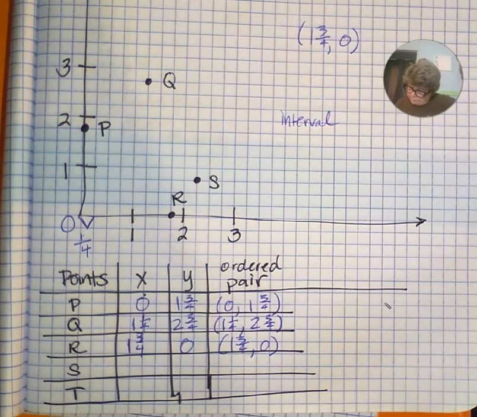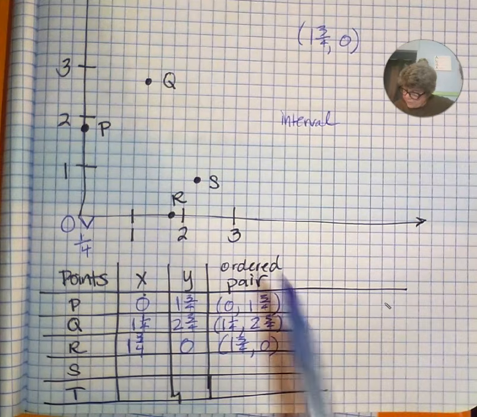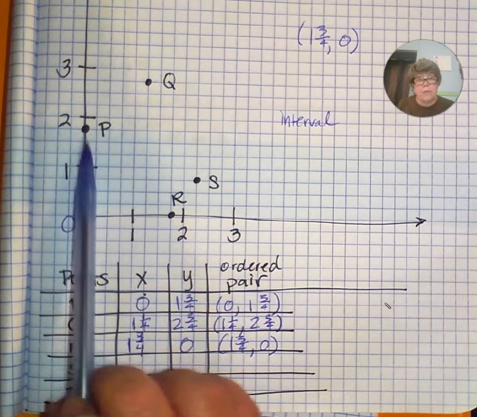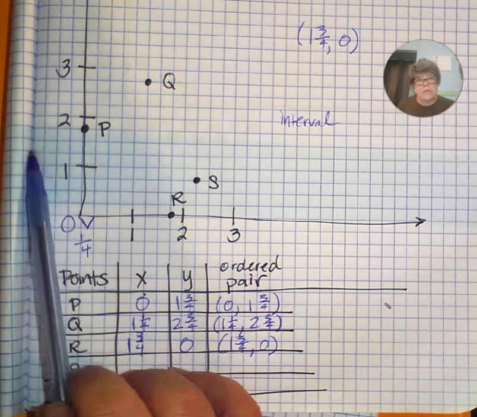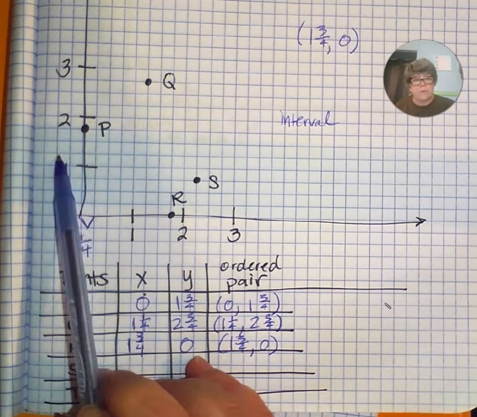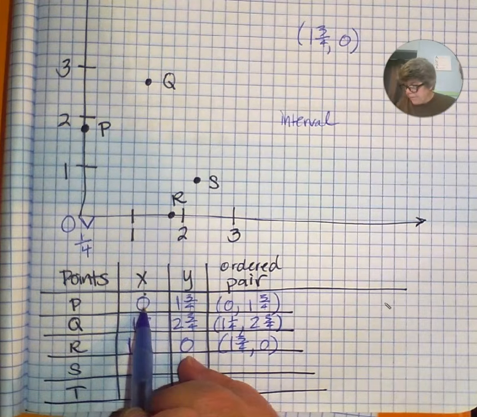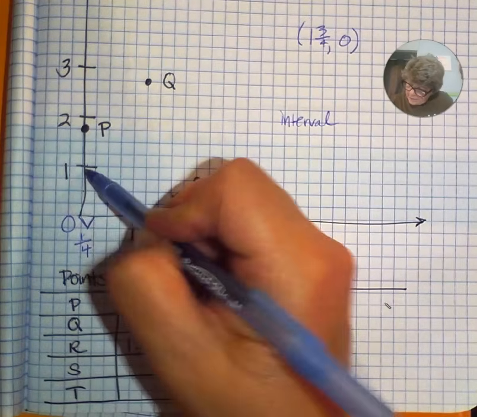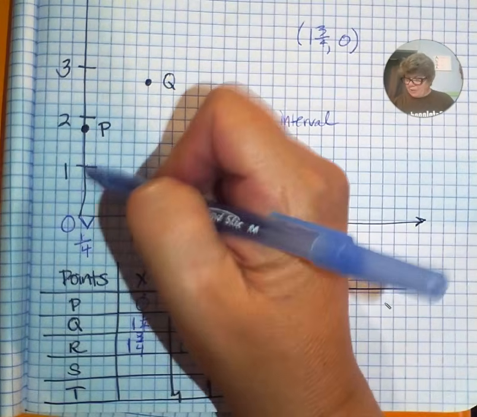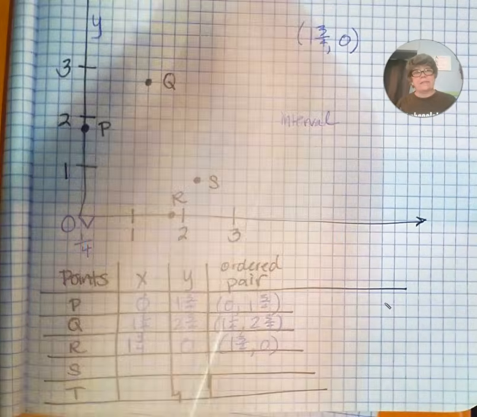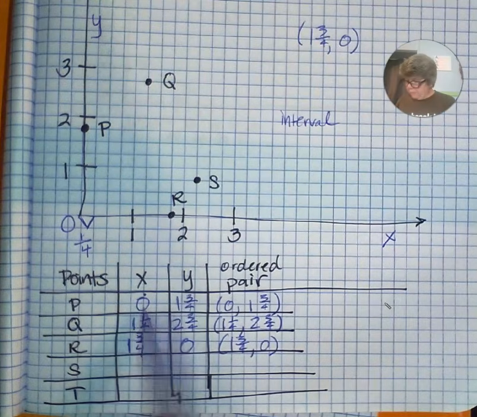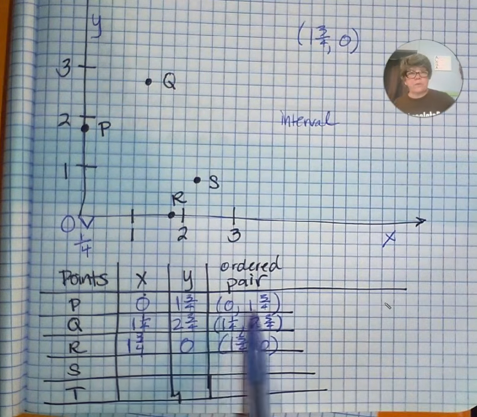Okay, let's look at P. You see that we're not going to the right or the left on the x-axis, so it's 0. So our first part is 0, and the second part of the location, on our y-axis, is 1 3/4. So it would be 0, 1 3/4 in your ordered pair.